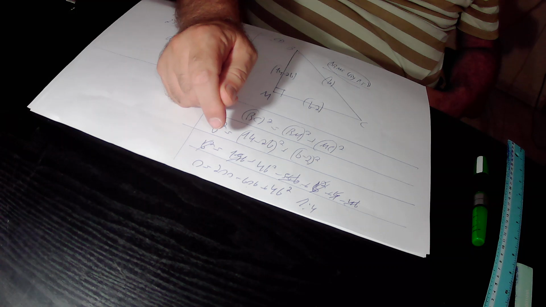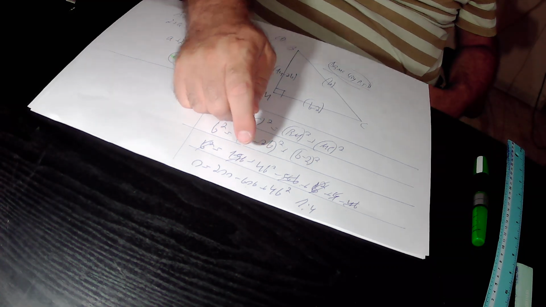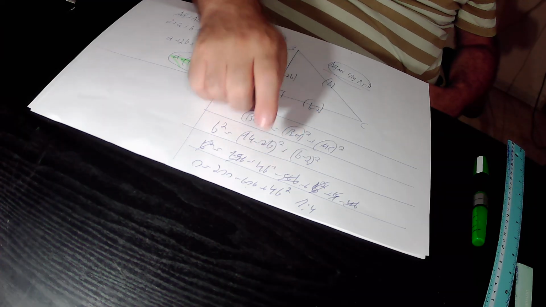So in total, 0 equals 200 minus 60B, plus 4B squared.